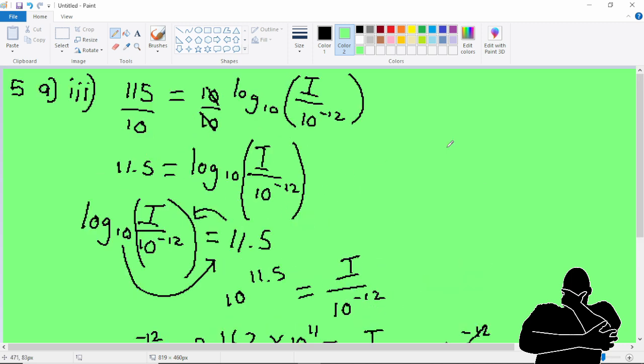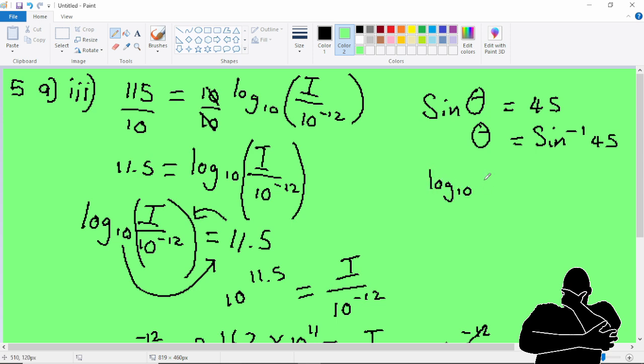Just as how you have sine theta is equal to 45 and you want to find theta, you just say sine inverse on your calculator of 45 and that gives you theta, right? So is there a similar function for log? Turns out there is, and that's the thing that we just did. When you have log base 10 of something that you don't know, and that's equal to an answer, let's say 3, on your calculator you can press shift, then click log, and then you'll see a 10 come up, but the 10 looks kind of weird.